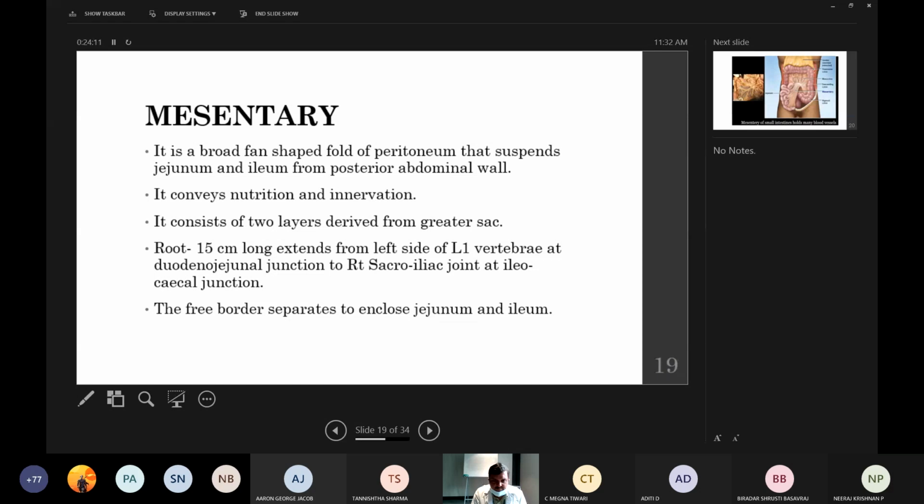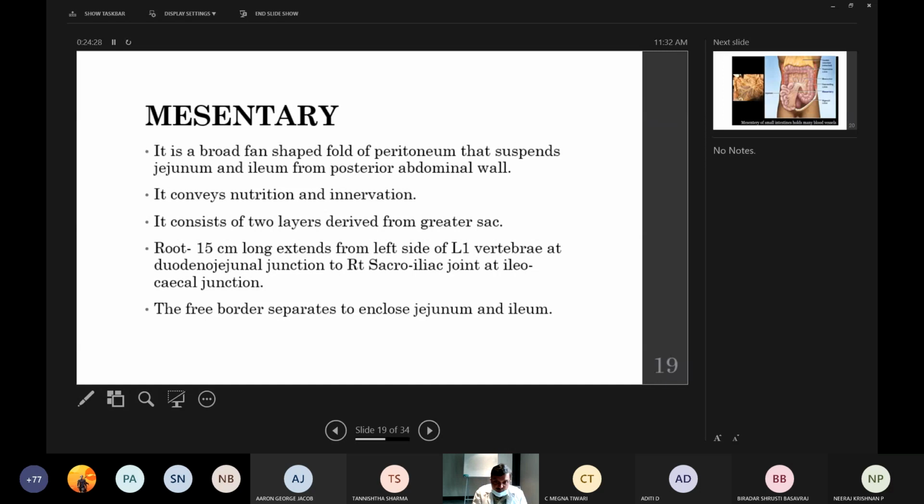This is the mesentery. The mesentery is a broad fan-shaped fold of peritoneum that suspends the jejunum and ileum from the posterior abdominal wall.